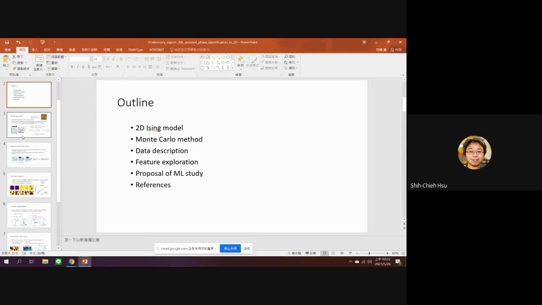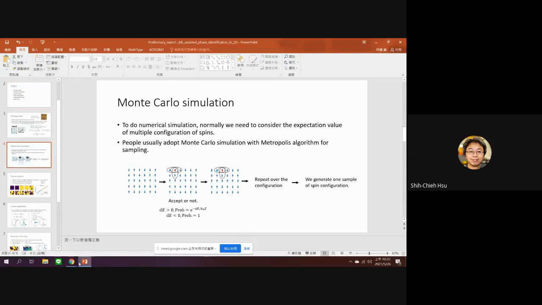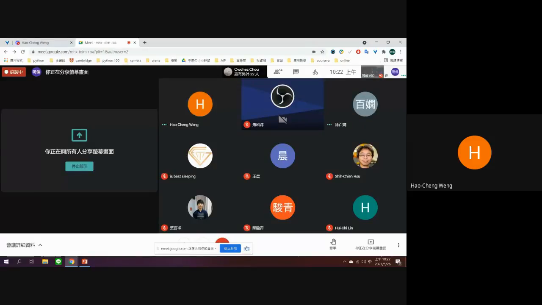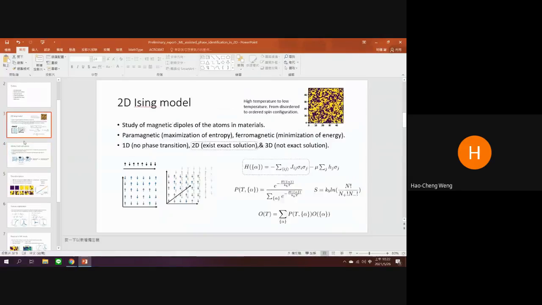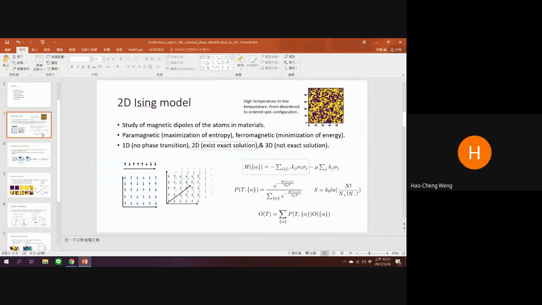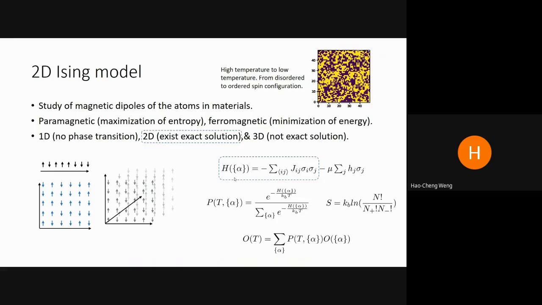Could you explain a bit more about the entropy definition formula? Okay. Can you help me go to that page? So the entropy I list here is just calculated directly from the spin configuration.